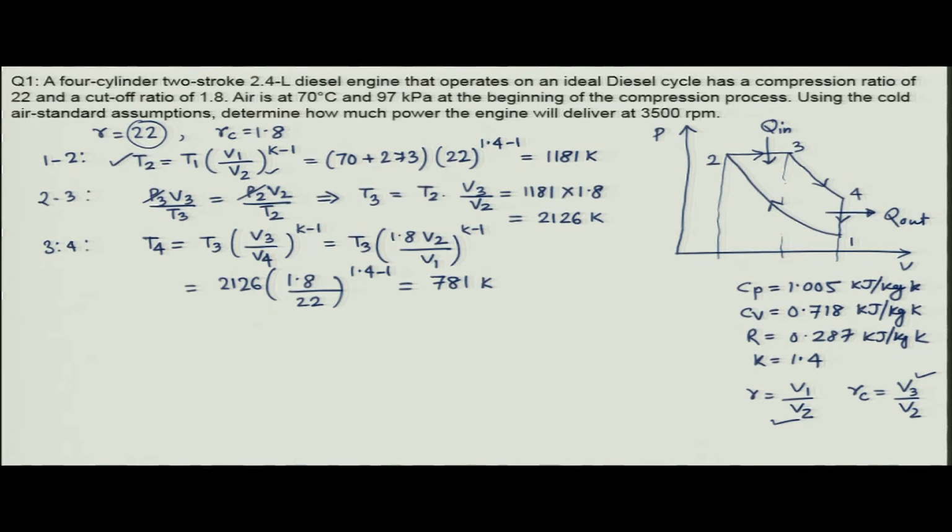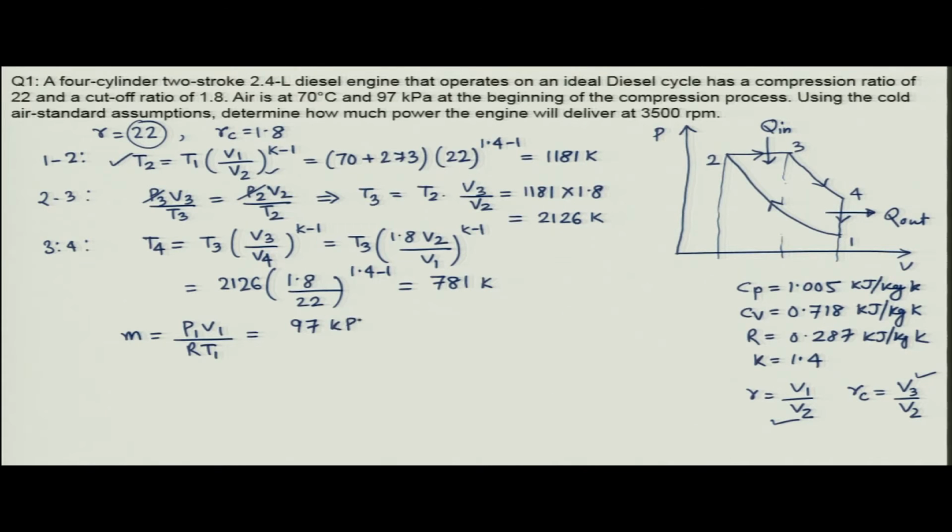Okay. So, now we have obtained the temperature of all the 4 points in the cycle, and for the cycle we can find the mass of the air that is operating in this cycle. So, we can find m as P1 V1 by R times T1. P1 is the pressure at the beginning of the compression stroke, which is 97 kilopascal.